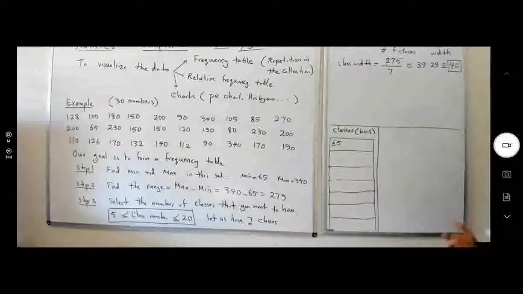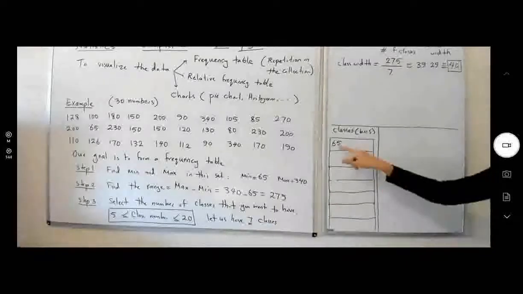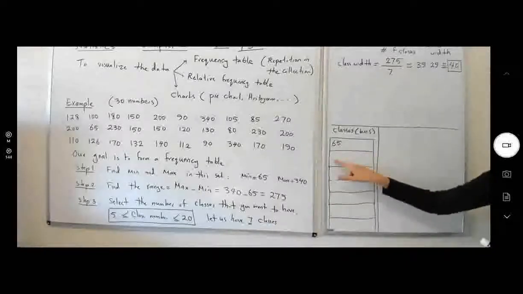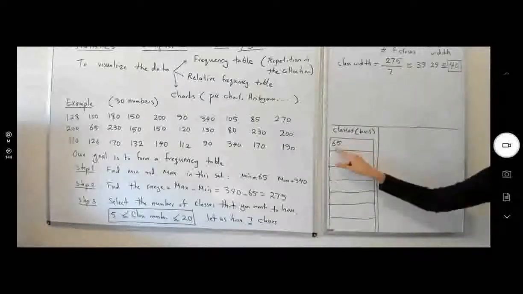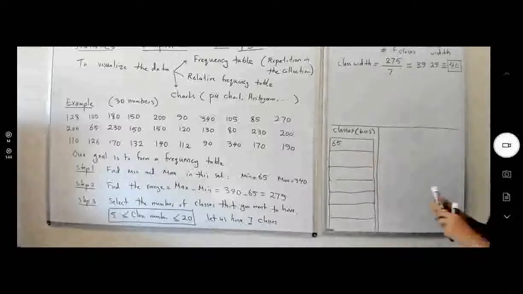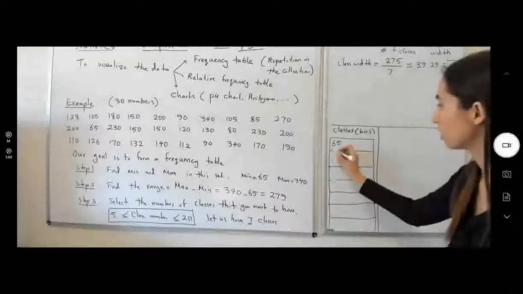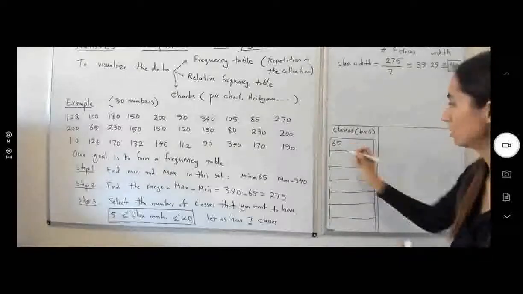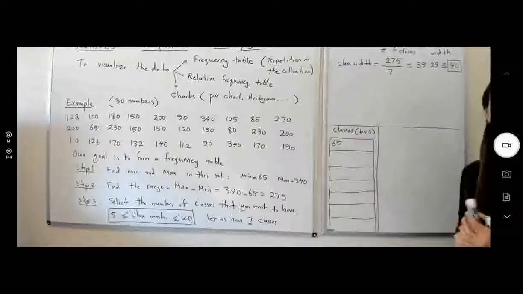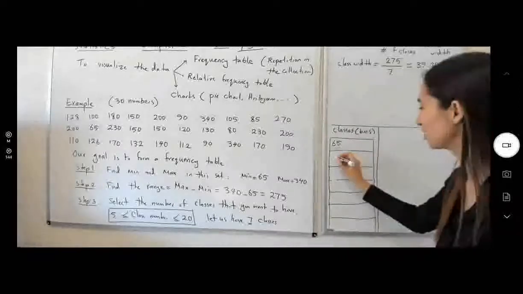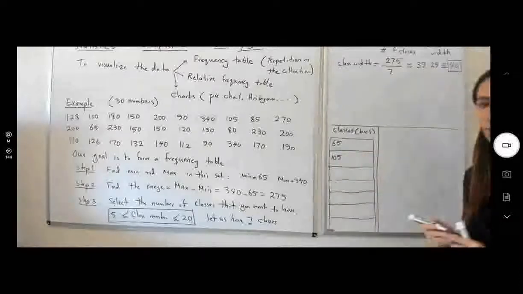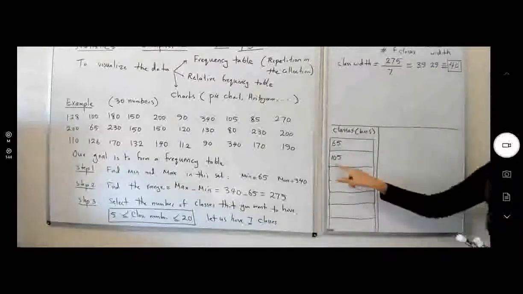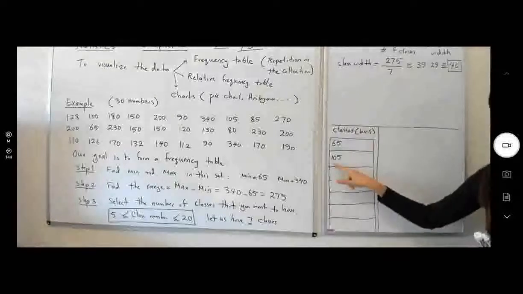To find the lower limit for the second class, I'm going to add 40 to 65. 65 plus 40 gives me 105. So the lower limit for the second class is 105.